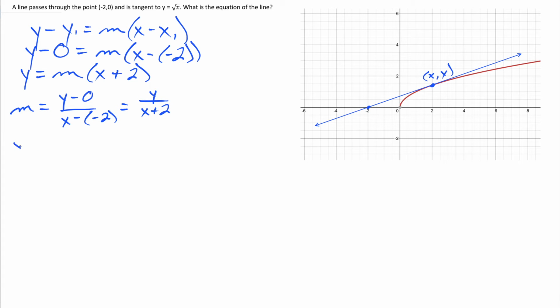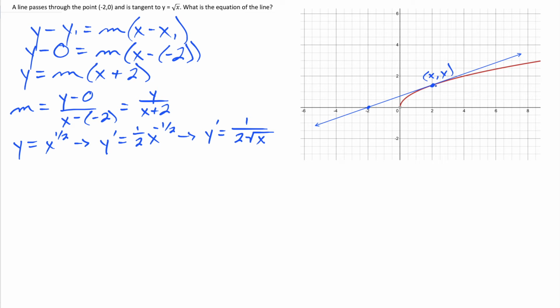So to take the derivative, we can rewrite our original function, y equals the square root of x, as y equals x to the 1/2 power. Then, using the power rule, we can say that y prime is equal to 1/2 x to the -1/2. And then rewriting this, we get that y prime is equal to 1 over 2 root x.